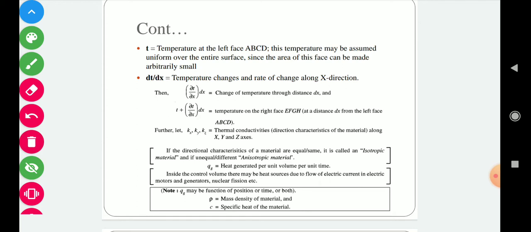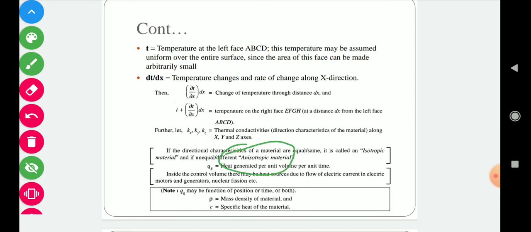Now kx, ky, and kz are thermal conductivities, since we are assuming directional characteristics of the material along x, y, and z directions. Some materials are called isotropic, where the properties are equal in all directions, but if the properties change along the direction, then we call them anisotropic materials.